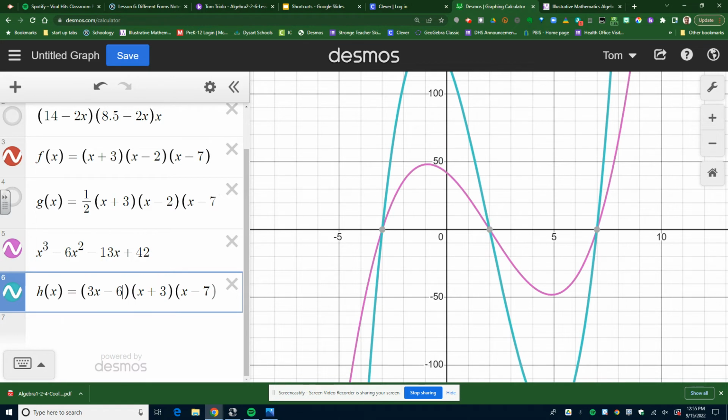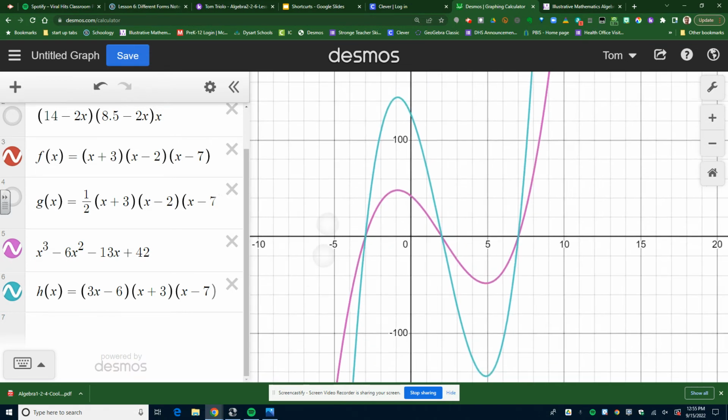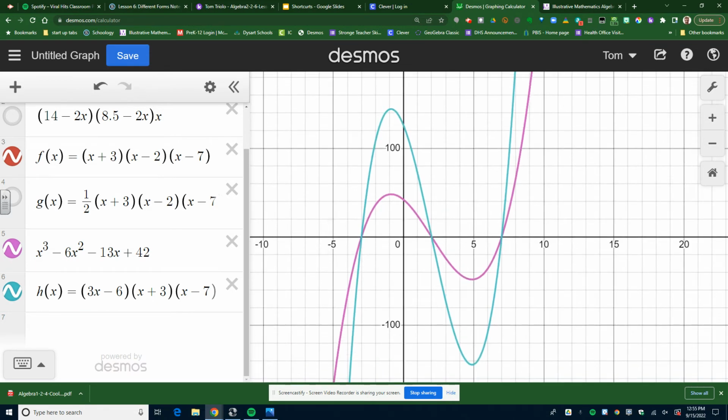So what is going on from one graph to the other? Make a statement. Write a little text box. You might have to pinch this a little bit and go a little higher and a little lower than 100, -100 to get a really good idea of what's going on. And then I will show you the easiest way to figure this out, which will help you with the cool down.